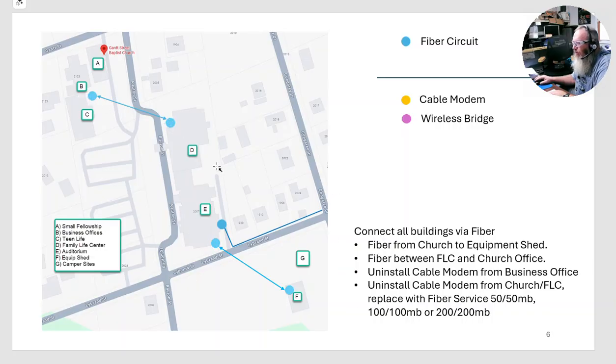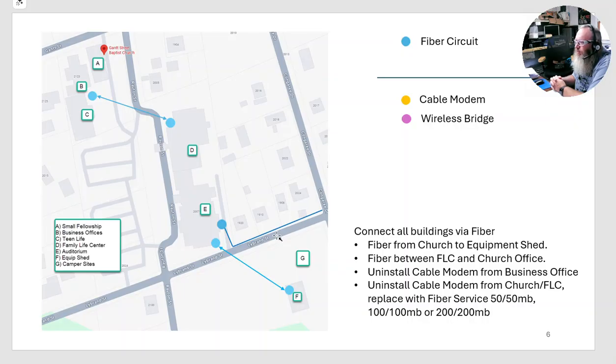This would be by far the most robust and reliable configuration. We might be able to come in close for a monthly spend. It's going to be pretty hard because typical fiber service is going to cost a little more than our current cable modem service.